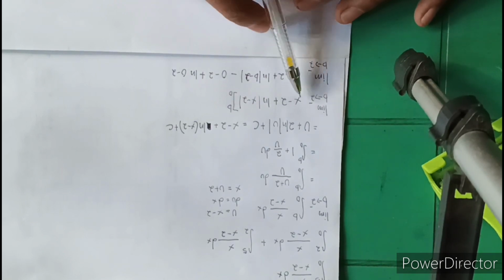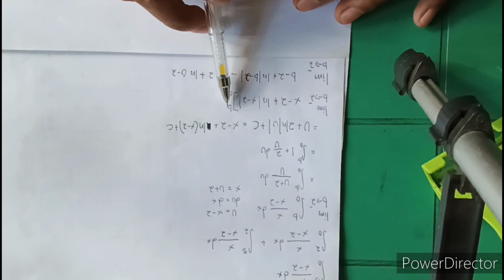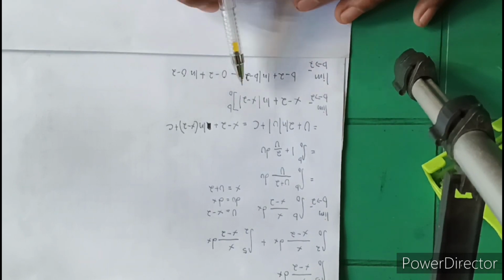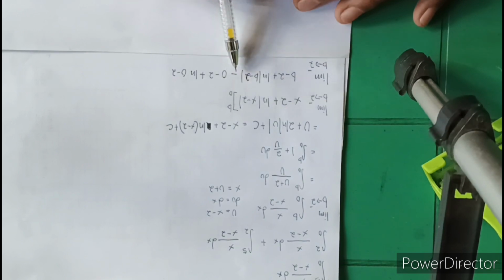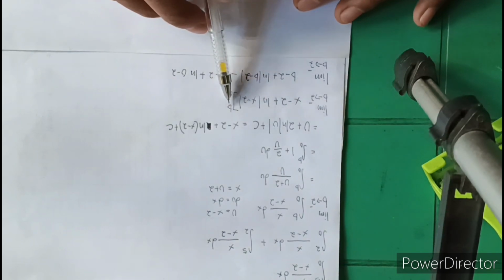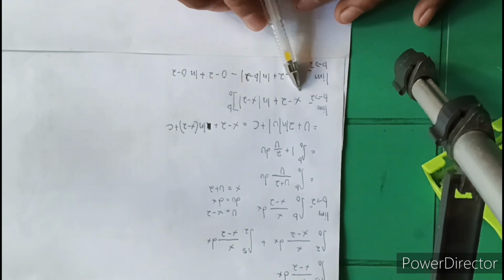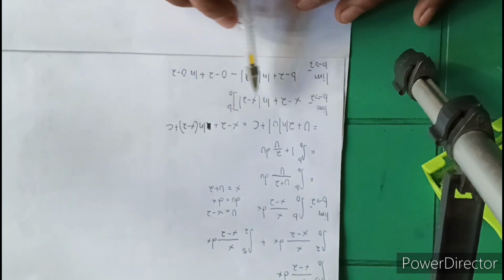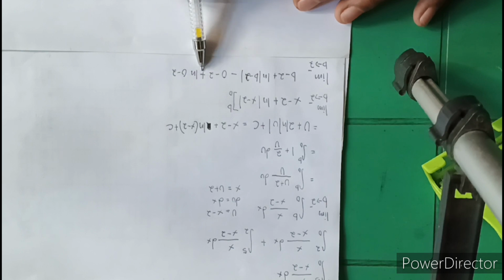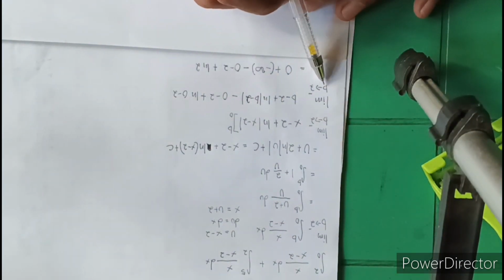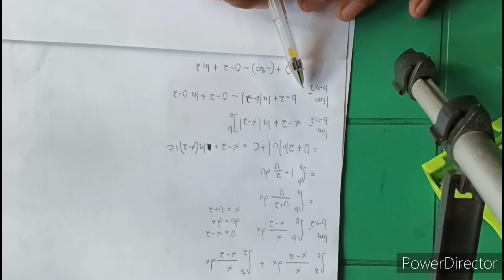If we plug in the b value for x, we get b minus 2 plus ln of b minus 2, and we can now evaluate the lower limit also. So substitute 0 for x: 0 minus 2 plus ln of 0 minus 2.